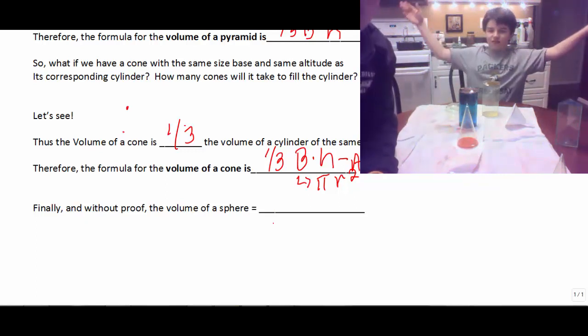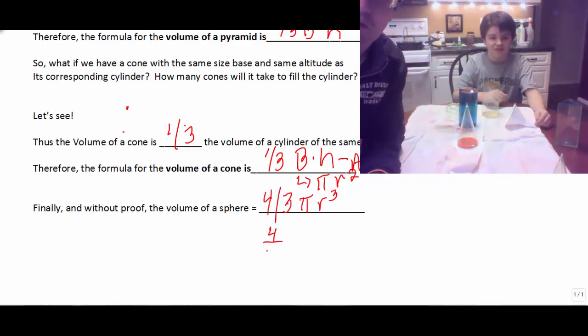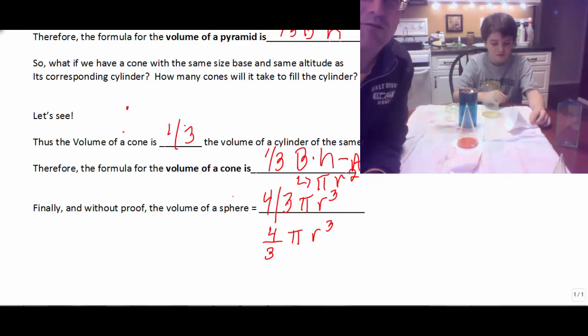The formula for that is 4/3 pi times radius cubed. And how I differentiate that from the surface area of a sphere: since I know volume is 3 dimensions, this will be cubic units or units cubed, and this formula has the 3 in it. It has 4/3 and r cubed, so this is the 3-dimensional formula, so that is volume.